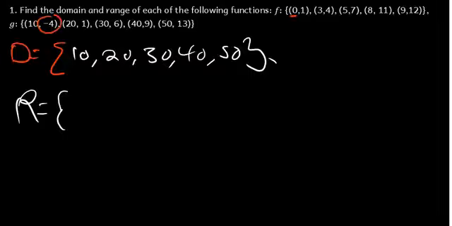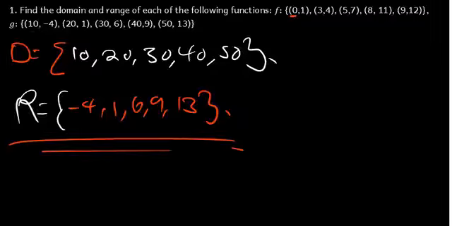You can see that we have this, this here, and also this. So that is our range. We can list the range here: negative 4, 6, 1, 1, 6, 9, then 13. So this is our range.